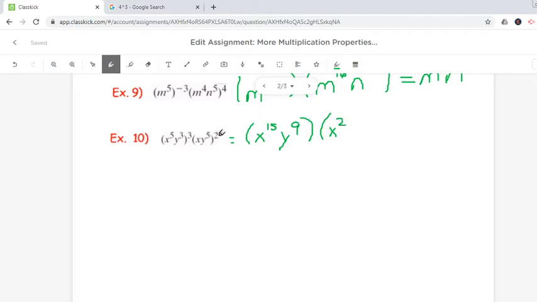And 5, see it's outside, so 5 times 2 equals 10. So y to the 10th. Okay, now all the exponents are inside, not outside. So we can add. So we'll put our x here, 15 plus 2, 17. And then have our y. So 9 plus 10, 19.